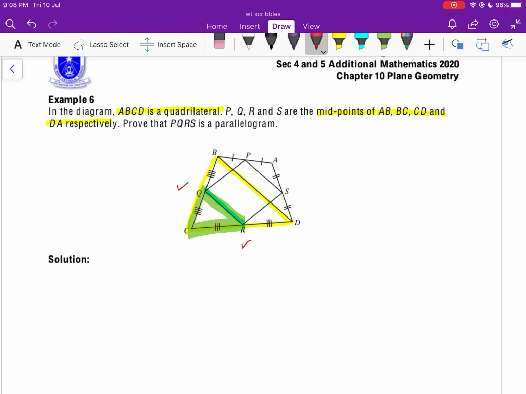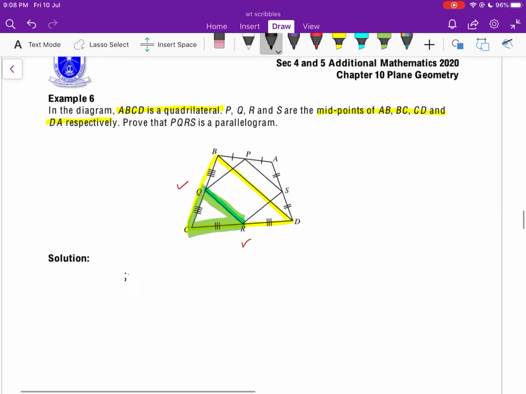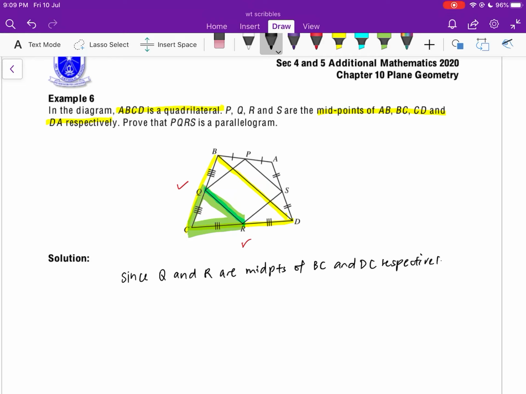Now take a look at this. How do we go about doing this? We list them down. Since Q and R are midpoints of BC and DC respectively, we can say that QR is parallel to BD.